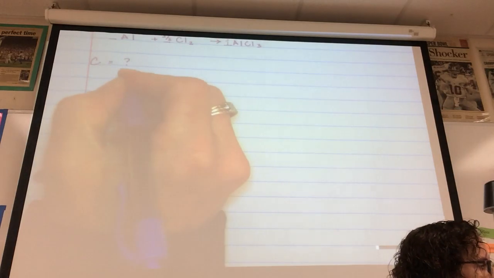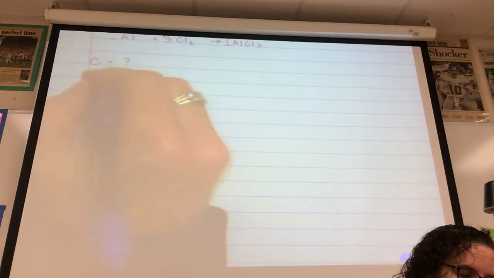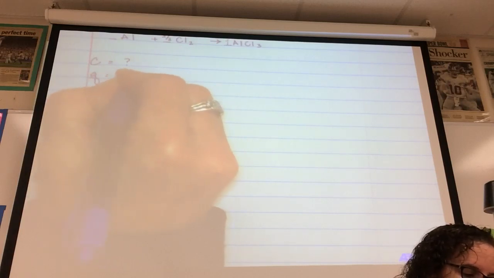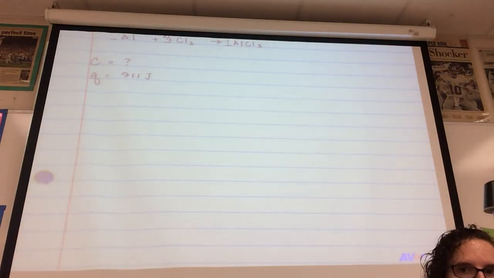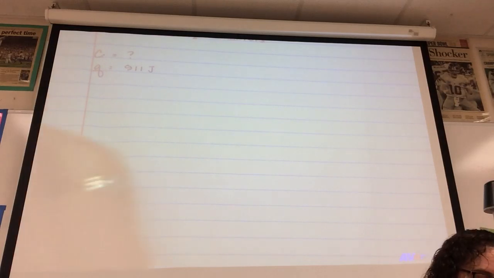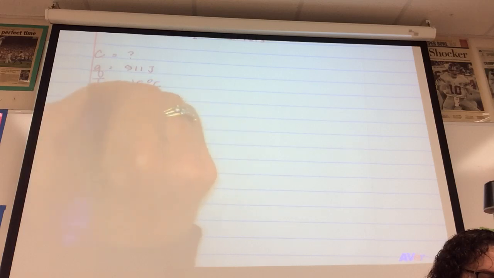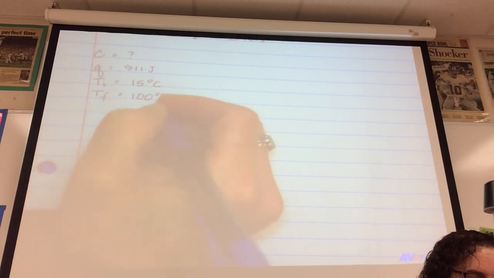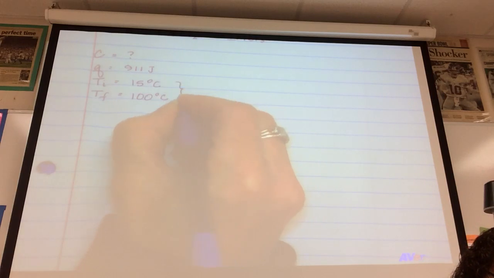So let's take a look at this one in a little more detail, just so it's clear to you. We want to know the heat capacity. That's what we're looking for. The Q is 911 joules. The initial temperature is 15 degrees Celsius. The final temperature is 100 degrees Celsius. Remember, when you add or subtract in regard to sig figs, it's the least number of decimal places.